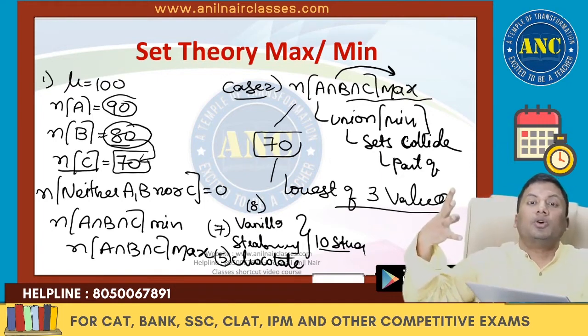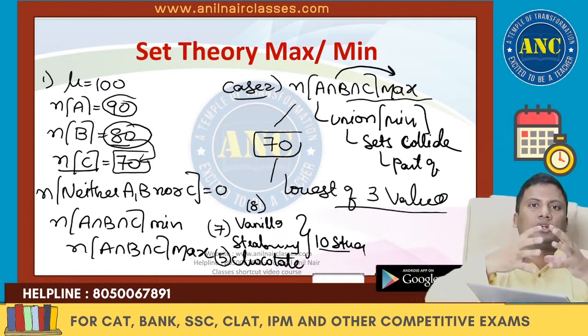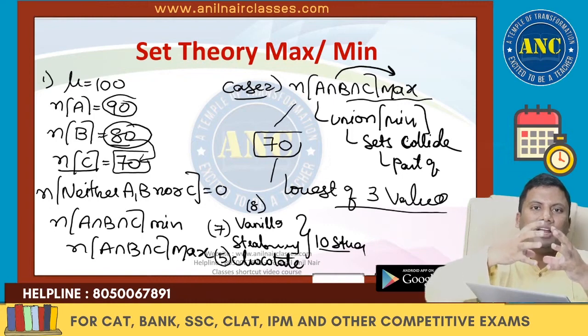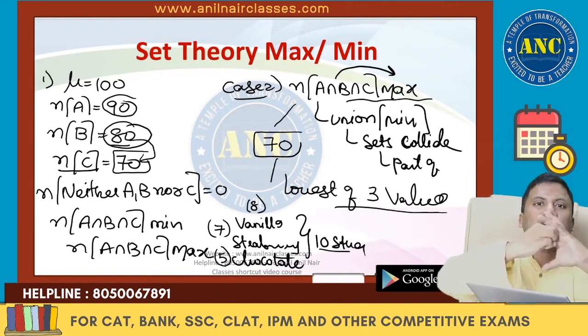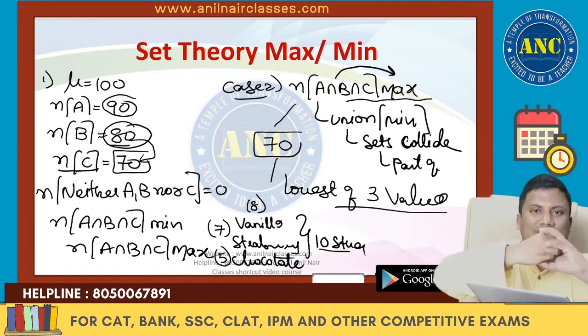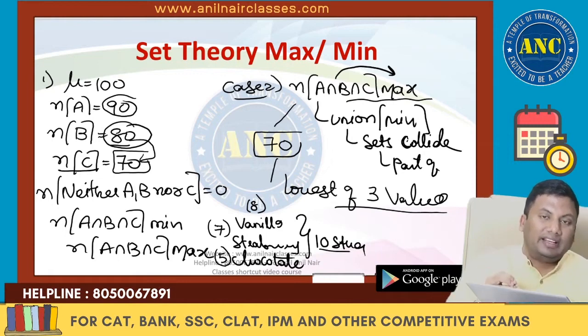Disjoint means union is maximum. Coming together, the value will decrease. One set is a part of the other, and the value decreases further. 70 is a part of 80, and 70 is a part of 90. So the answer for this question is 70.